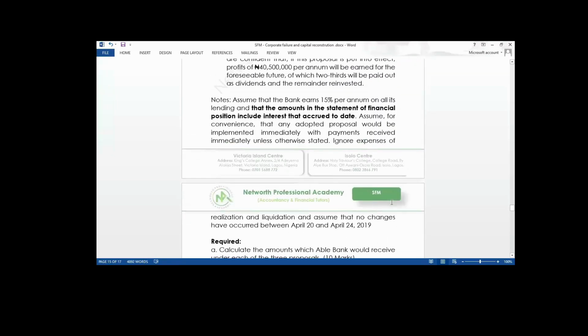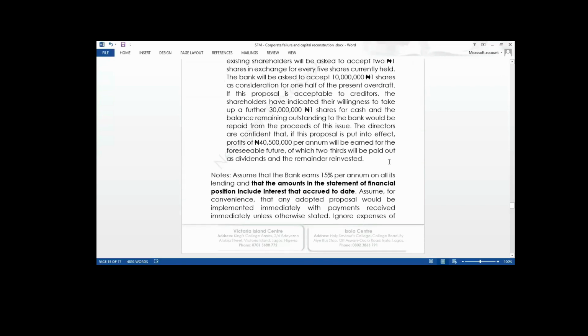The question continues. The balance remaining outstanding to the bank. What is the balance remaining outstanding to the bank? We have converted 1/2 to ordinary shares. The balance remaining is 22.5 million. The bank will be repaid from the proceeds of this issue.